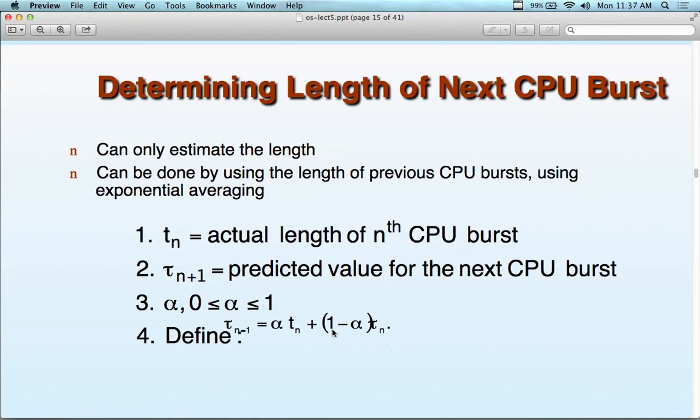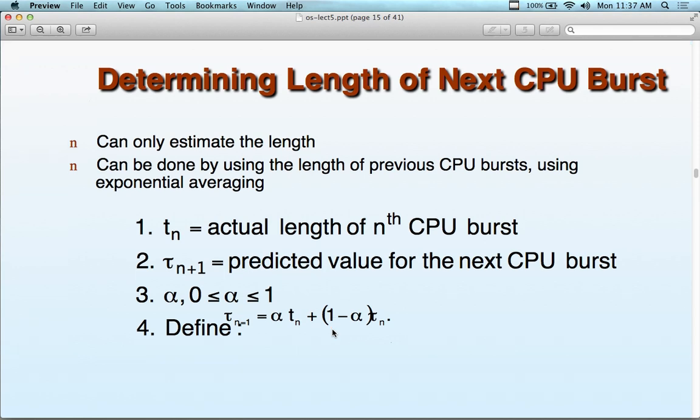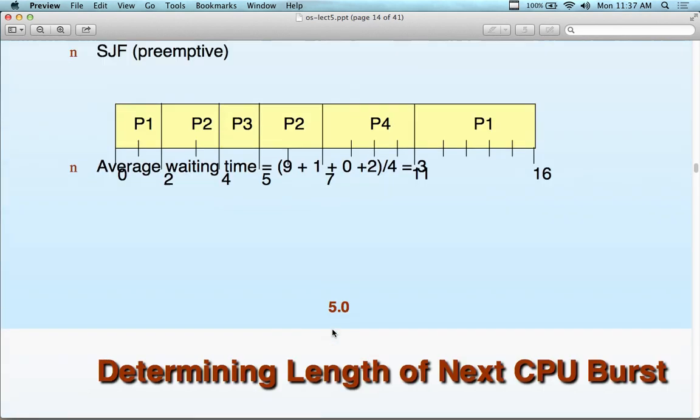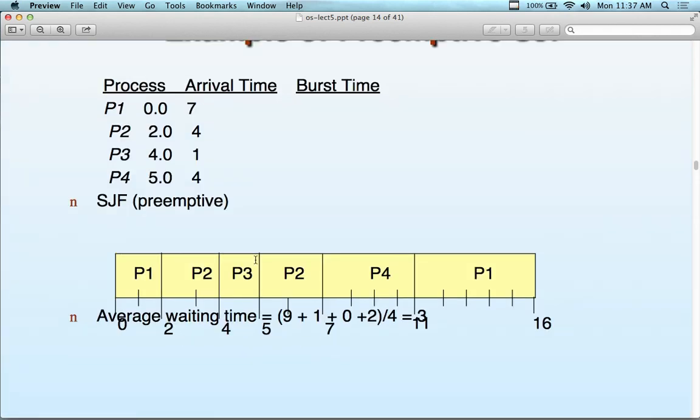So, determining the length of the CPU burst. You can only estimate the length. It can be done using the length of the previous CPU burst, using exponential averaging. Let's talk about CPU burst as an example here. Here we're taking the burst time that's needed and running it completely through. We have other algorithms that give everybody the same amount.